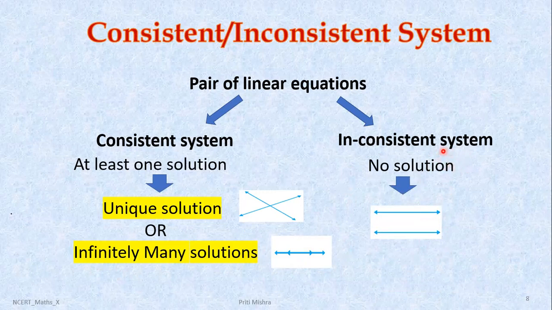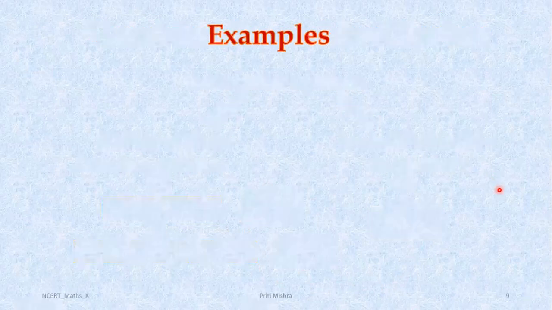So these can't have any solution. That's why these have no solution, and this case we have kept in the inconsistent system. So on the basis of these three types of behaviors of lines, we have two systems, consistent and inconsistent system.